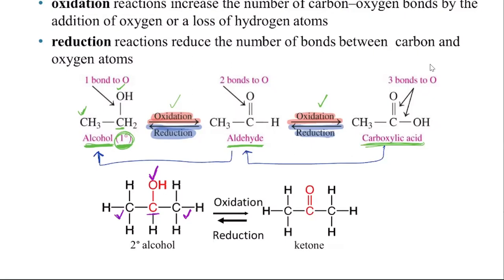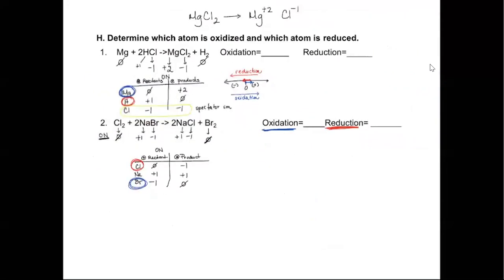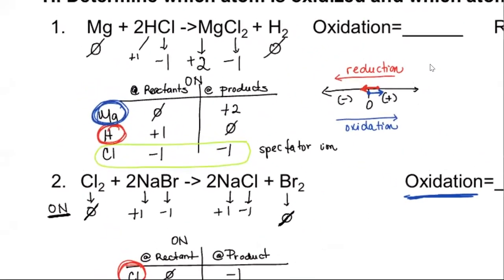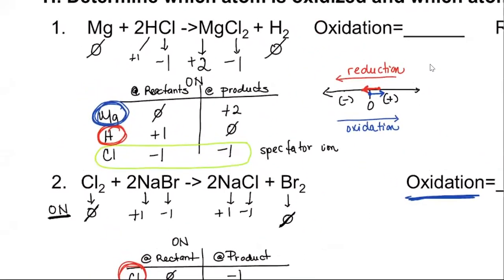Great. So one of the things that you guys may have noticed in the reactions that we have is that at times the reactions are going to have these digits in front of the compounds in a chemical reaction.